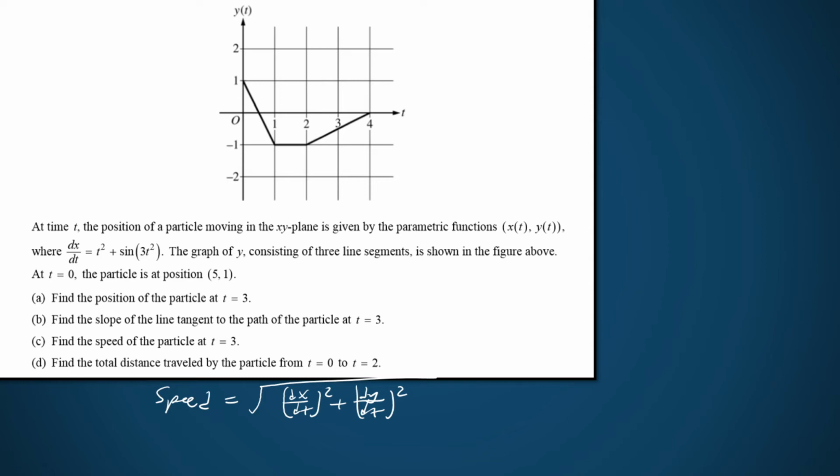And we're doing this at 3. We've actually already solved for these values, so we can just plug that in directly, I think. So speed is the square root of... So this was 9.956 from the last slide. And we said this one was 1/2.